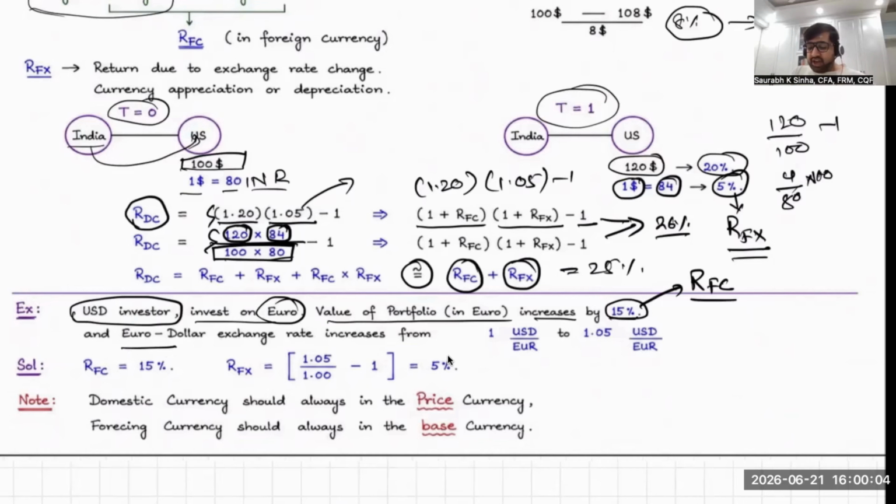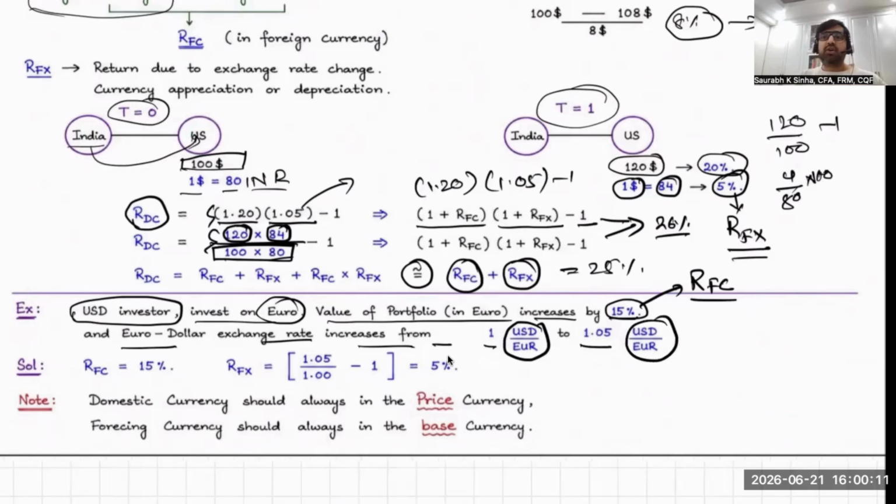The euro dollar exchange rate increases from 1 USD per euro to 1.05 USD per euro. Now, this is important, and this is the nuance that I want to tell. Currently, the USD is in numerator, the domestic currency is in numerator, and the foreign currency is in denominator.